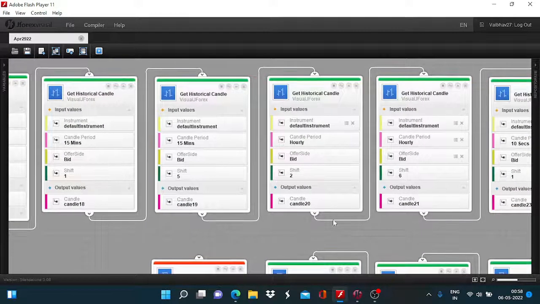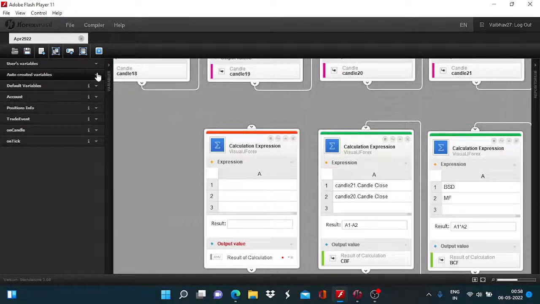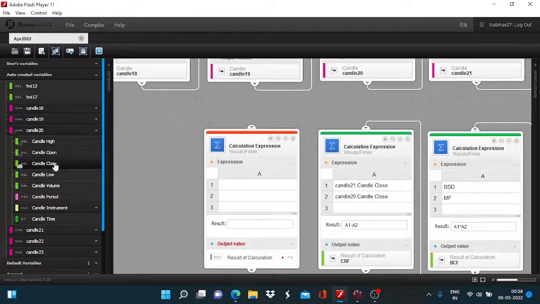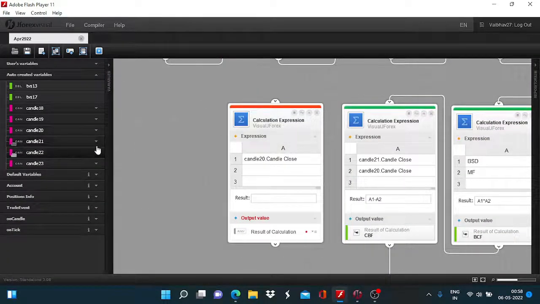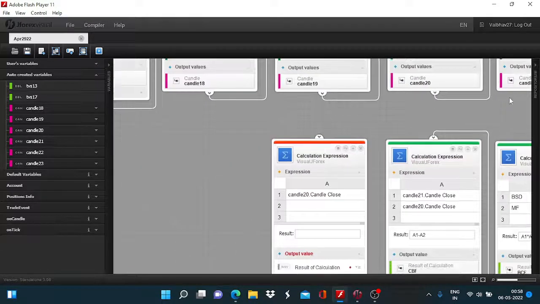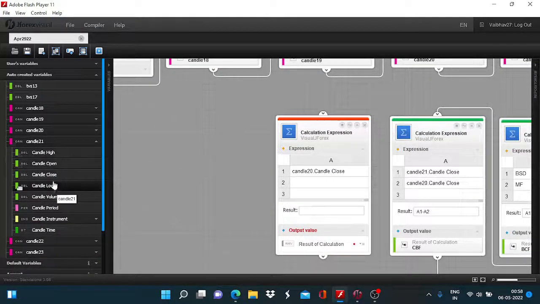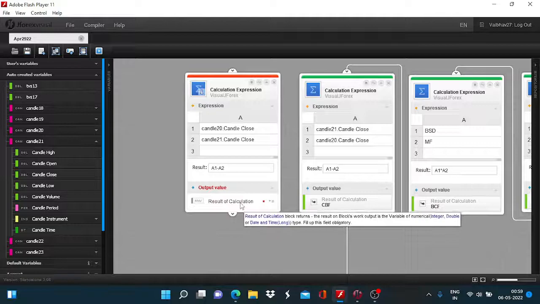So we take candle 20 candle close and deduct candle 22nd candle close. This is candle 21st candle close. So there is going to be A1 minus A2. All right.